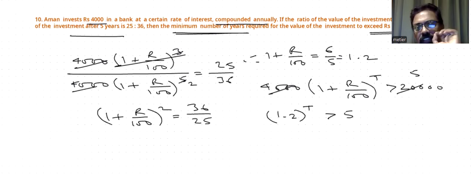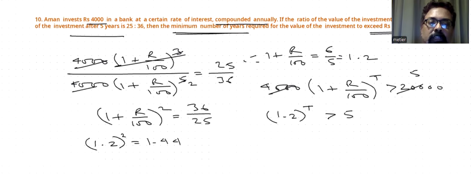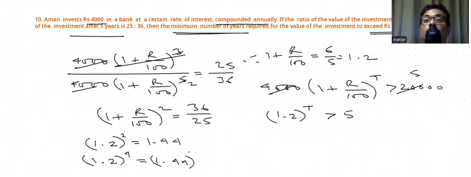At this point, you need some calculation skill. Let's go with that. 1.2 whole square is 1.44. 1.2 to the power 4 will be 1.44 whole square. 1.414 whole square is 2, so this value will be approximately 2.